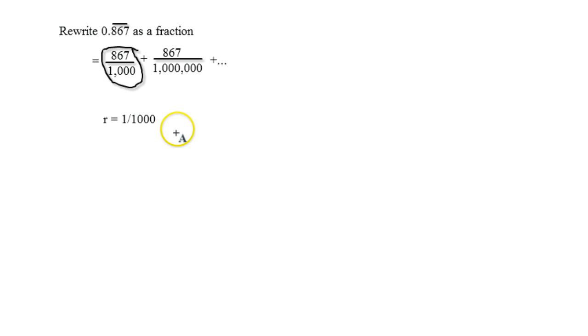Okay, so what I do is find the sum. The sum is going to be the first part, so 867 over 1,000. Okay, so that's the first part, and then we're going to divide by 1 minus 1 over 1,000, which turns into 999 over 1,000.